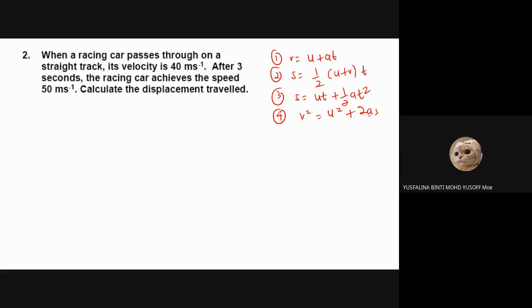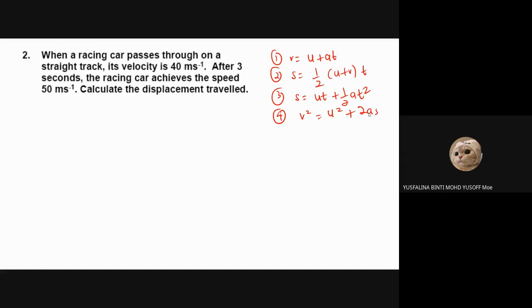We call someone to give me the answer for this question. Take out what is given, what is the info given by the question: v, u, t. Then you can know which equation you can use based on the info given.